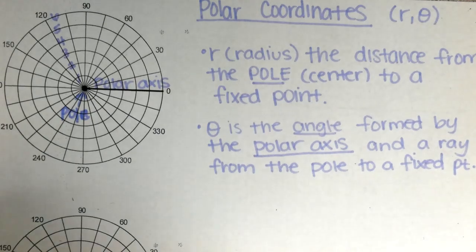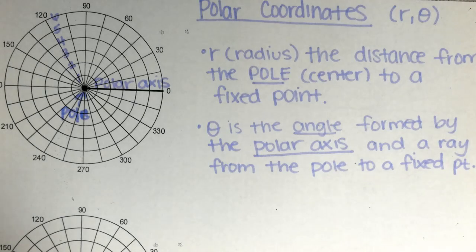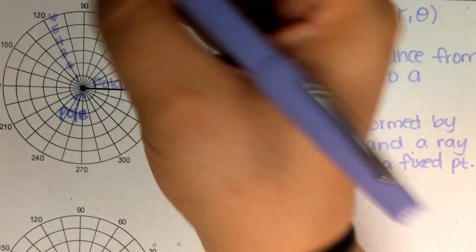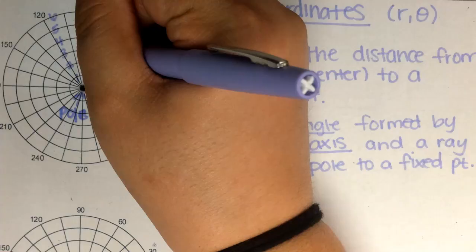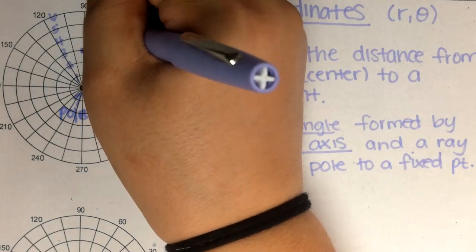And then the point you're going to plot, that's how many radii you are going to go towards your degrees. So if I asked you to plot 3, 90 degrees, starting at the pole, you are going to go 3 radii towards 90 degrees. 1, 2, 3.